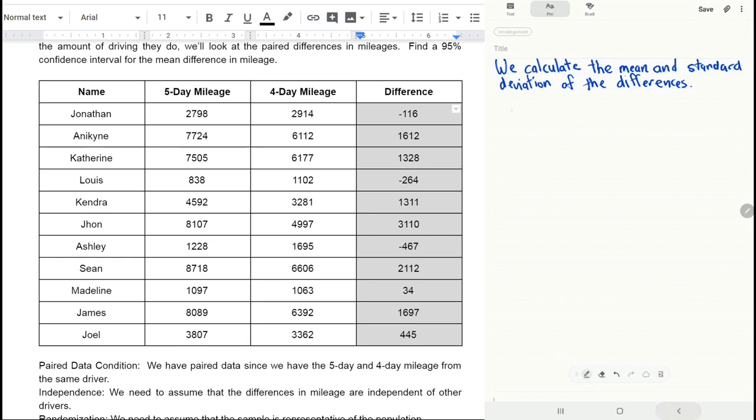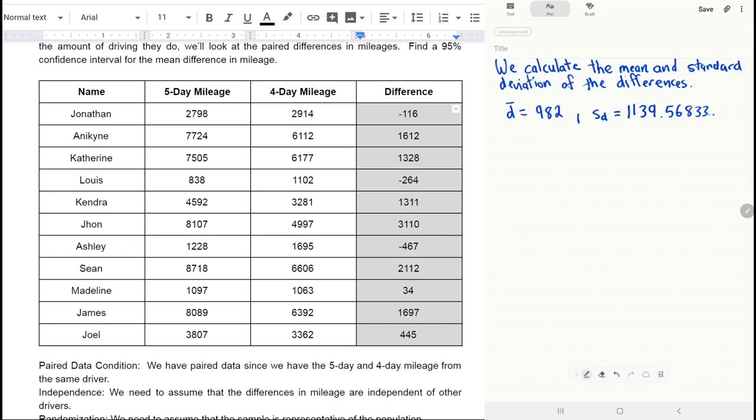The mean of the differences is going to be 982, and the standard deviation of the differences, which we'll denote by SD, will be 1139.56833.